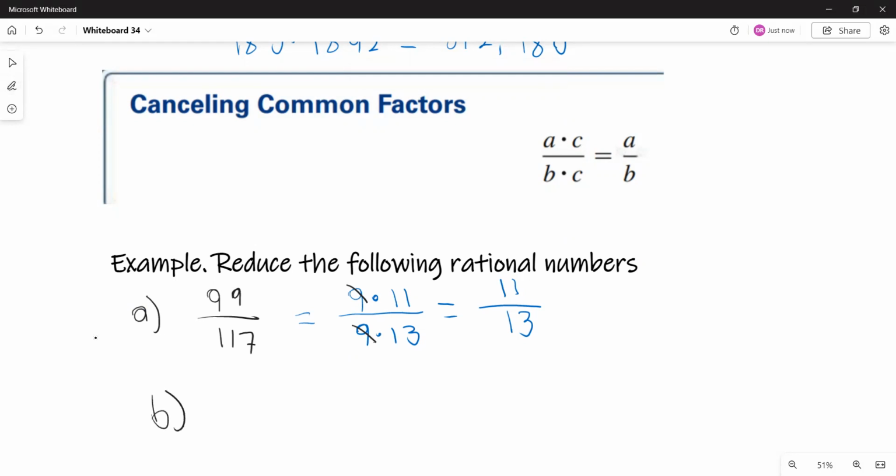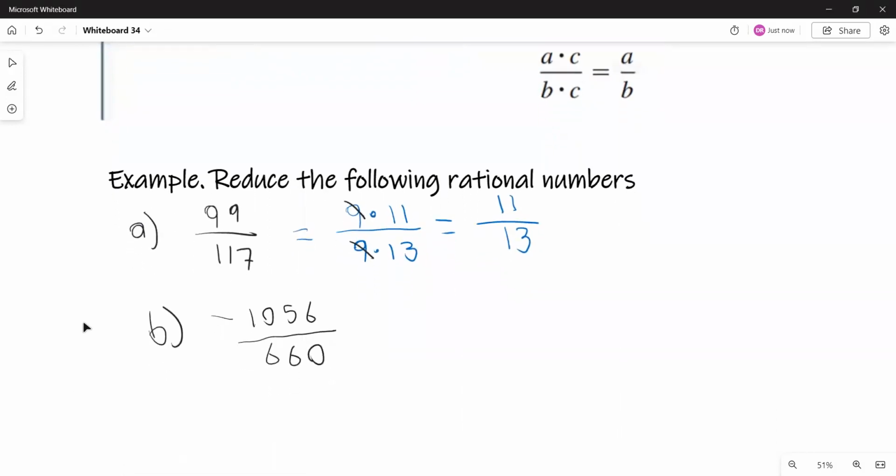We will reduce negative 1056 over 660. Okay, so initially using the divisibility rules, we can see that they are both divisible by 6 because they are divisible by 2 and divisible by 3.